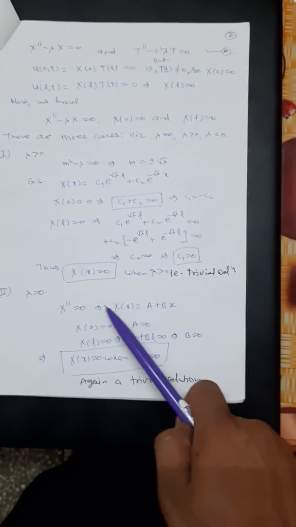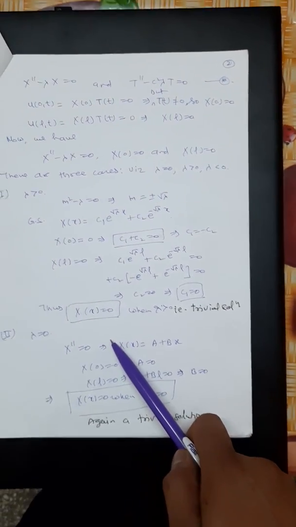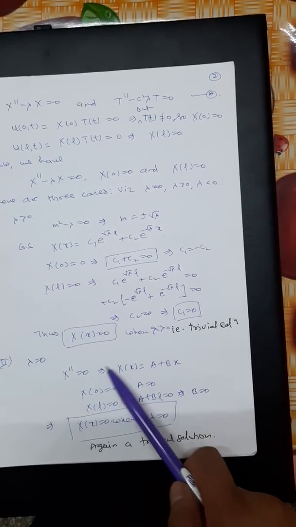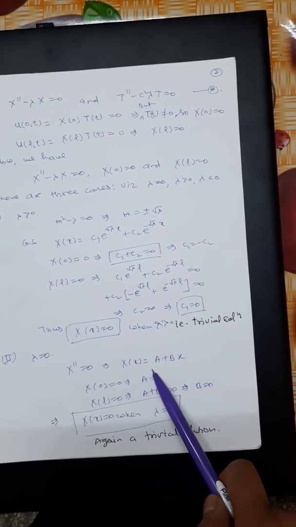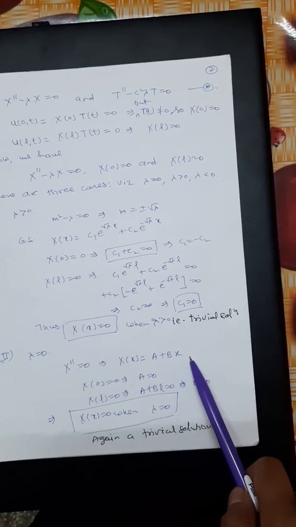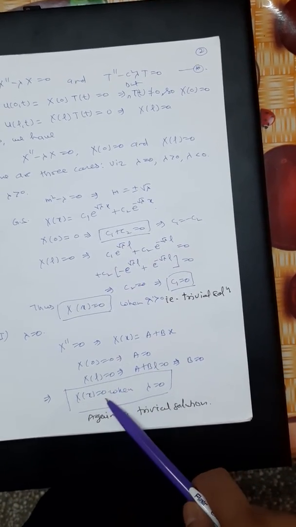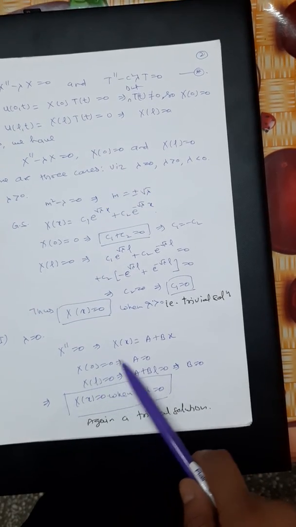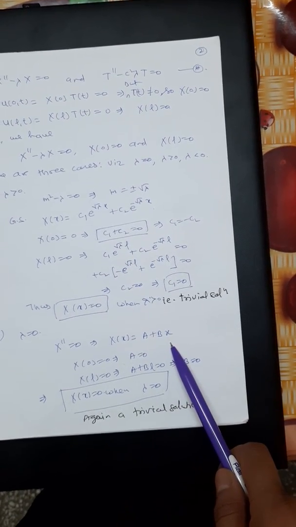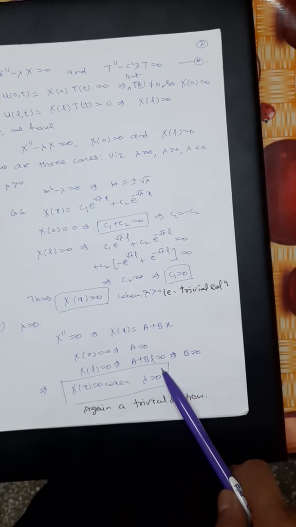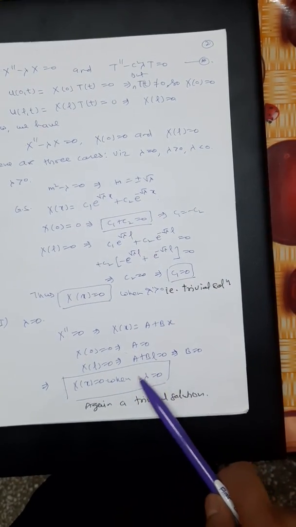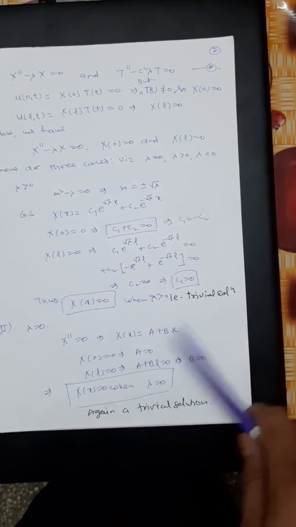So similarly, if you see this one, when lambda equals 0 we have X equals a plus bx. This is a linear solution, and using the initial condition we have X equals 0, so again a trivial solution.